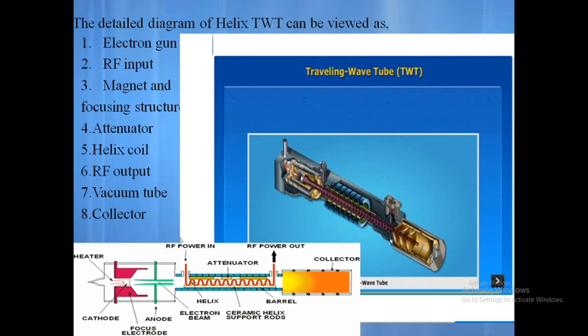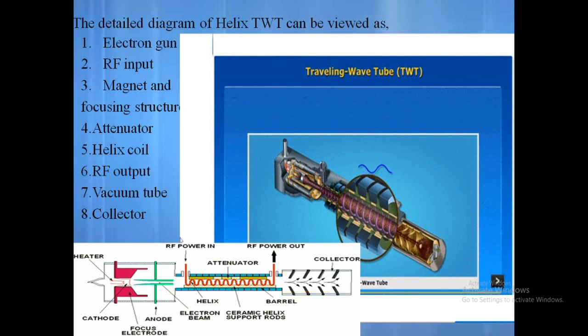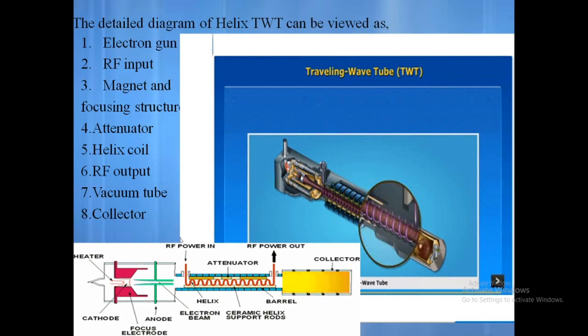Let us see the function of each component present in the diagram. First of all, the electron gun. The main purpose of the electron gun is to emit a high electron beam from cathode to anode.